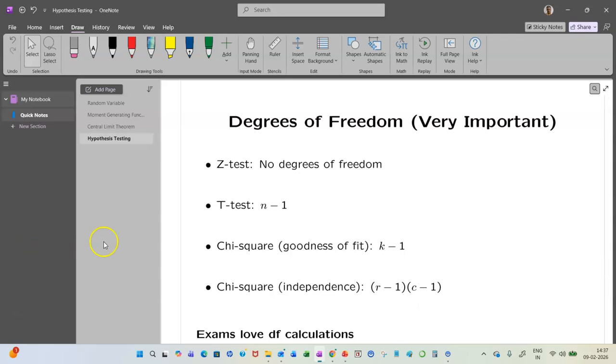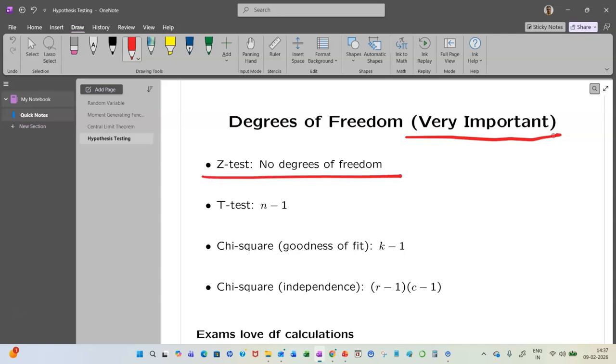Degrees of freedom, which is very important. In Z-test, there is no concept of degrees of freedom. It is normal 0, 1. For T-test, the degrees of freedom is n minus 1, where n is the number of observations.